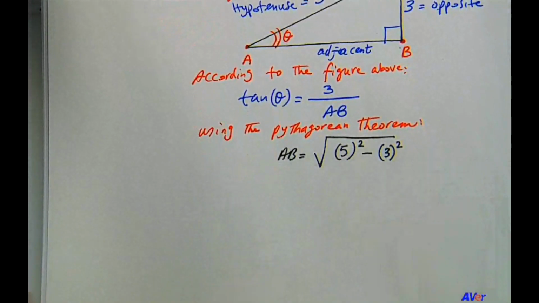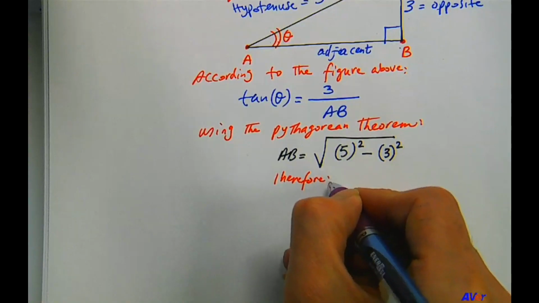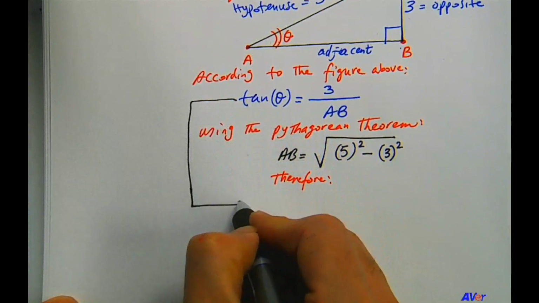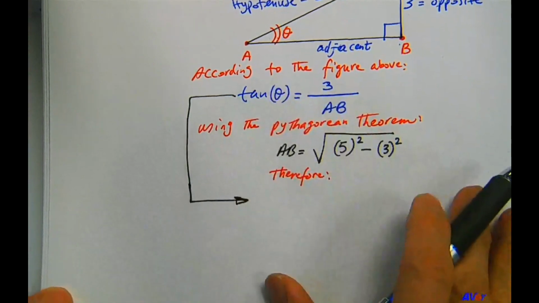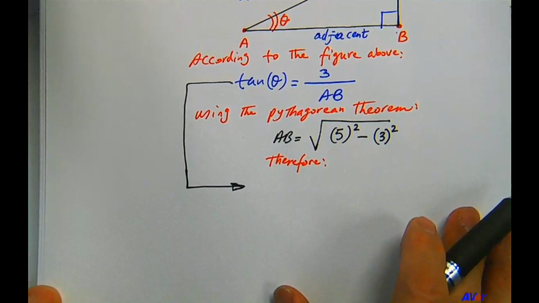So therefore, we can now substitute in this previous equation with this value for AB.